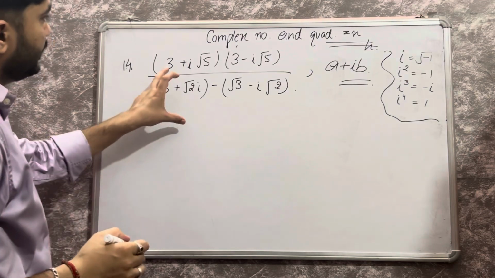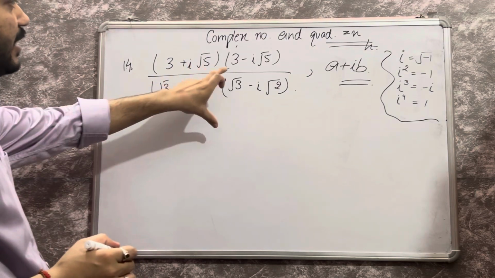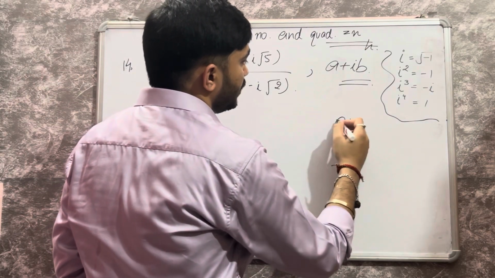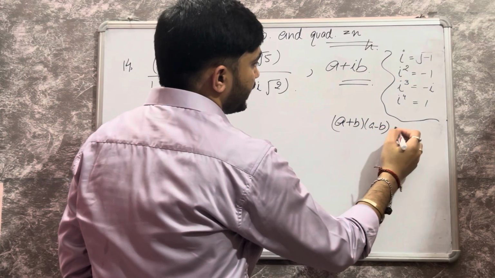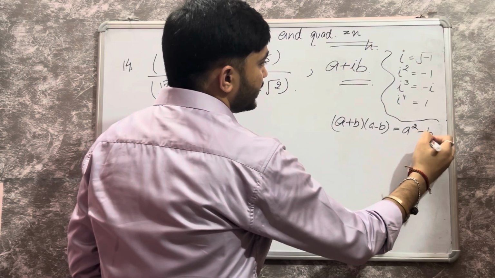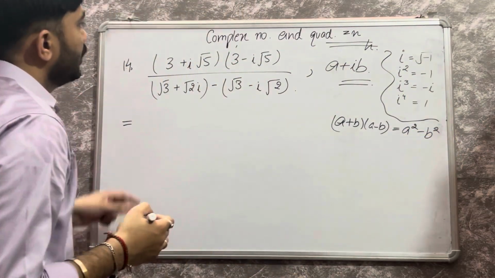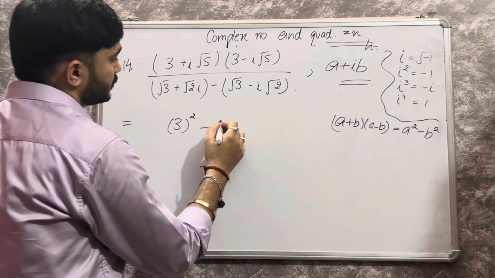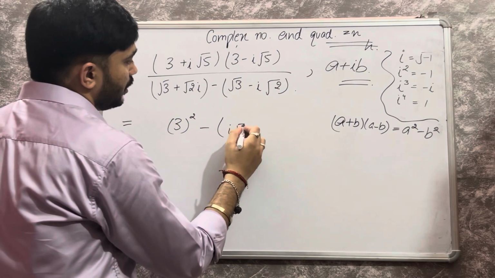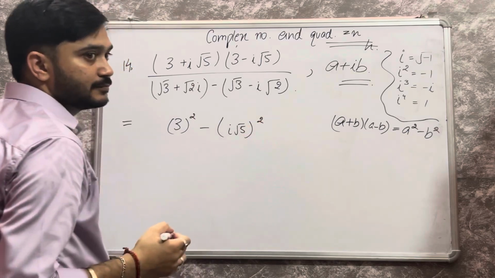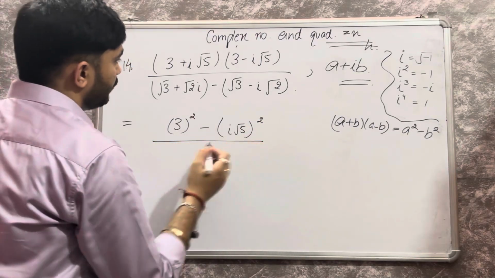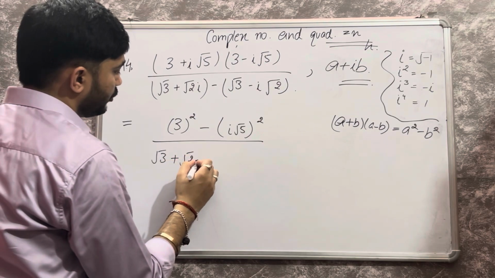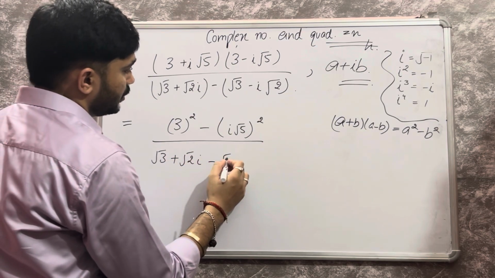So see, in the numerator we have a plus b and a minus b. So we are going to apply the property of a plus b into a minus b, that is equal to a square minus b square. So it will be 3 square minus iota under root 5 square, divided by under root 3 plus under root 2 iota minus under root 3.